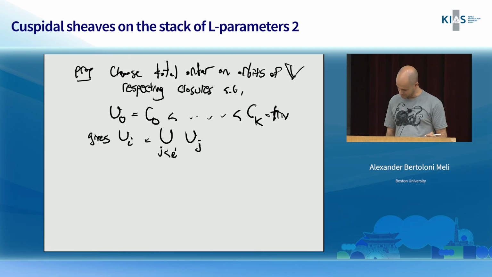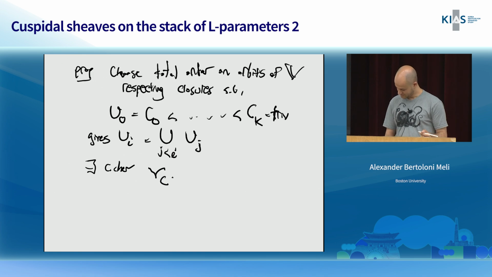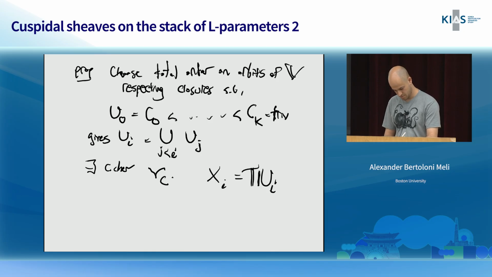Okay, and then there exists a co-character. Let's just call it nu C. I was going to tell you something about how it's constructed, but maybe I won't. So we'll let X sub I equal the cotangent of the quotient of U_I by the action of H, so that's why there's a little math BB there.